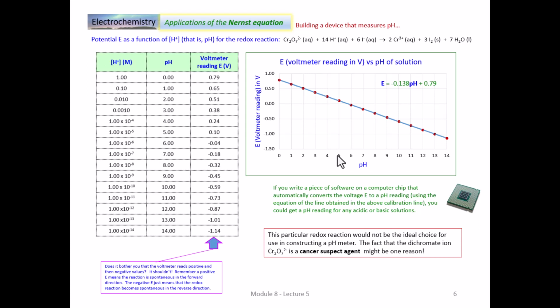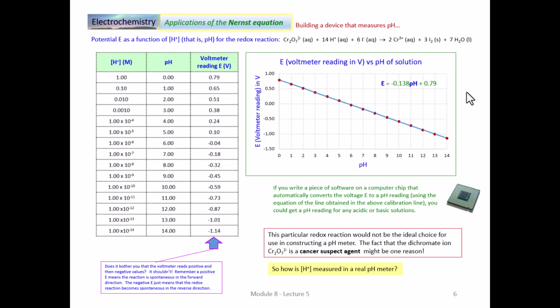But the principle here is important, and that is you're using a known redox reaction and the Nernst equation to monitor the concentration of one of the reagents in the redox reaction by monitoring the potential of the overall reaction as the concentration of the reagent you're monitoring changes.